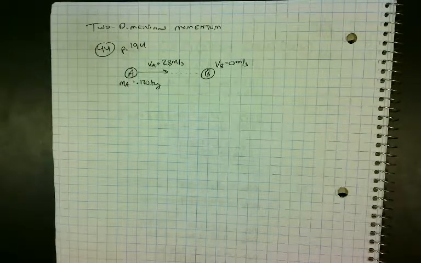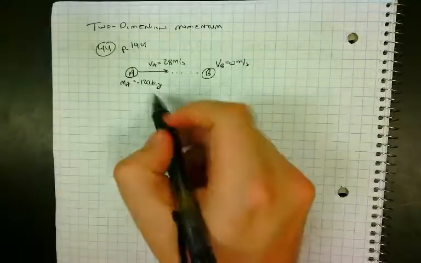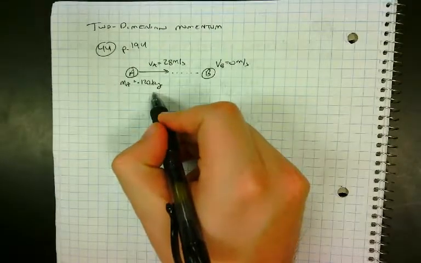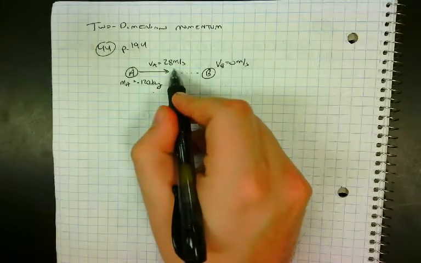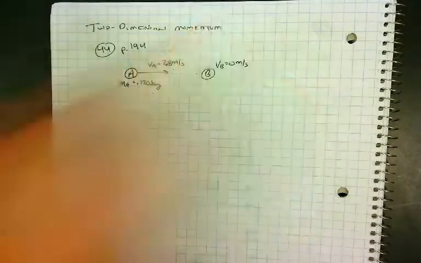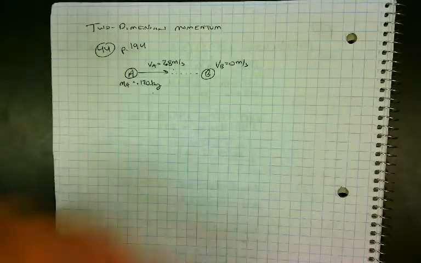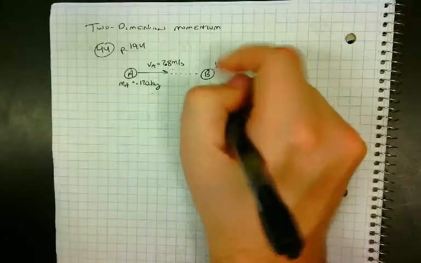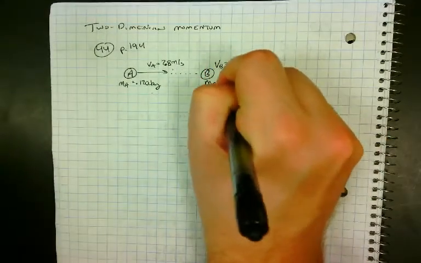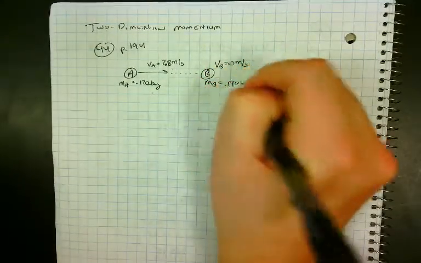So, I'm reading here. Billiard ball A with a mass of 0.12 kilograms, moving at a speed of 2.8 meters per second, strikes ball B, initially at rest, of mass 0.140 kilograms.